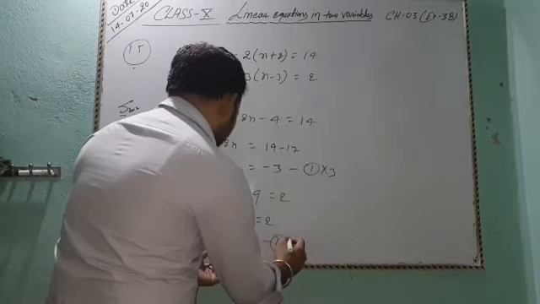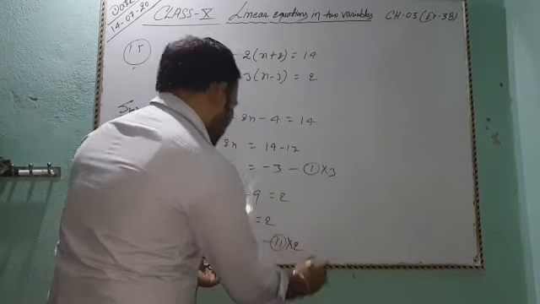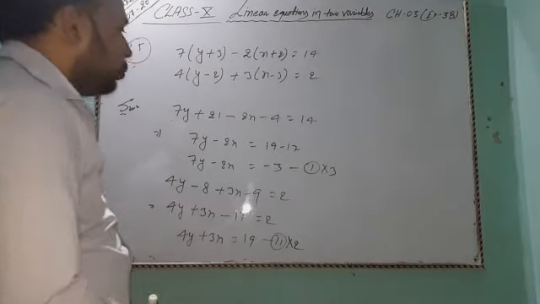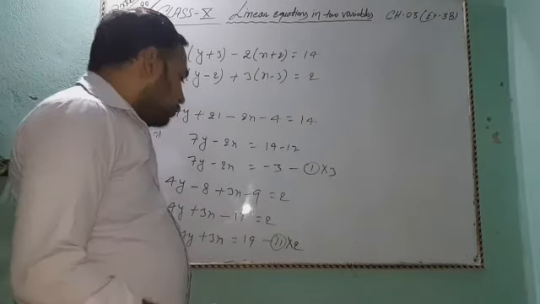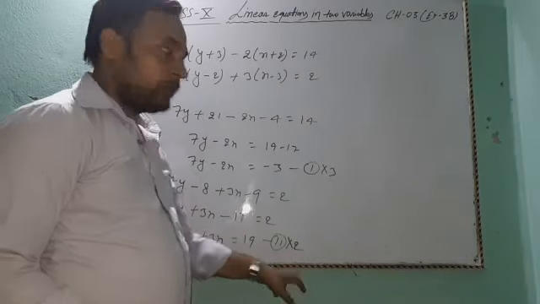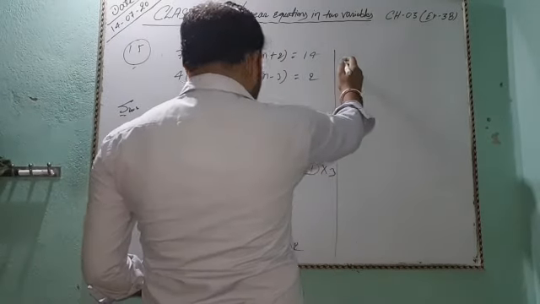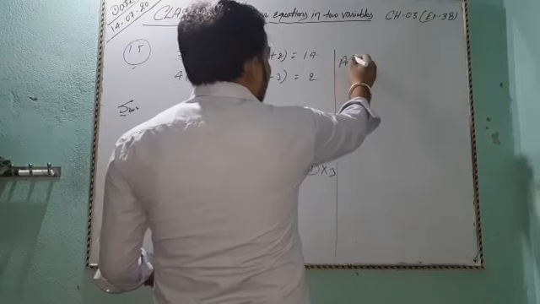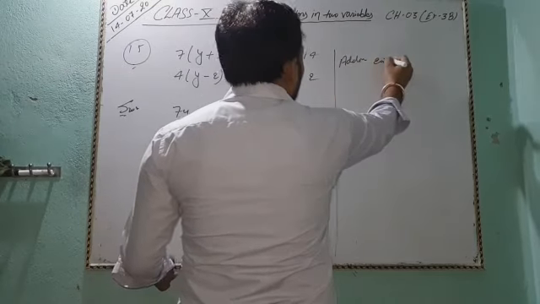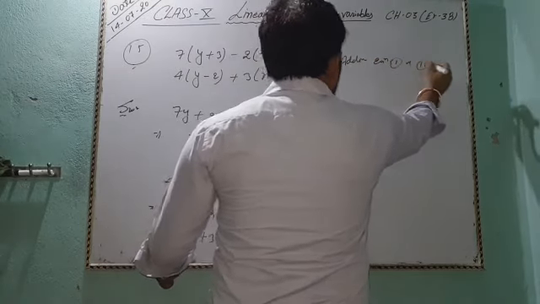multiply by 2, multiplying 1 by 3 and multiplying 2 by 2. Okay, and adding equation 1 and 2 we get.